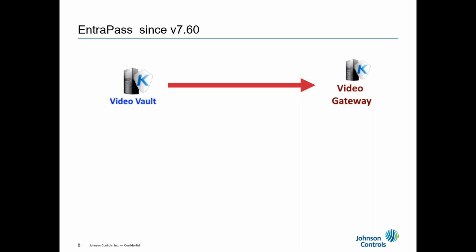Similar to how we connect our controllers and our web, we have a multi-site gateway, we have a global gateway, right? We also have the EntraPass Web through the smart links. Now we have a connection for our video servers. So same concept as the gateway, but now it's for video.